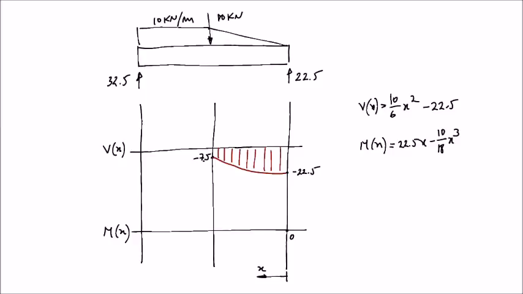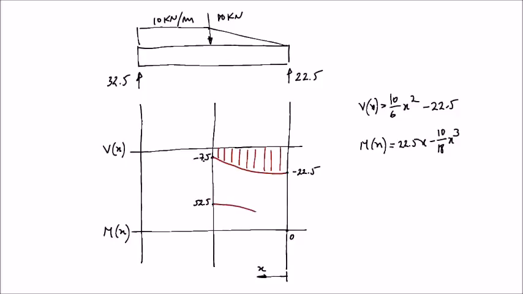And when x is equal to 3, we have 52.5, and then we have something like this because it's a cubic distribution.